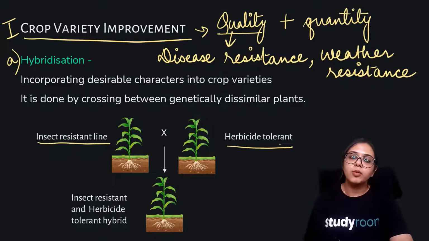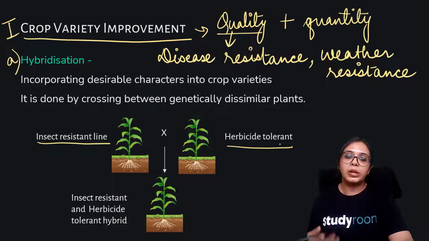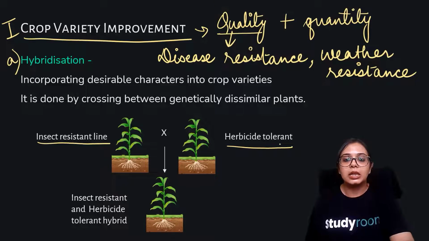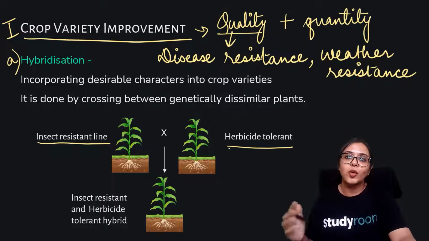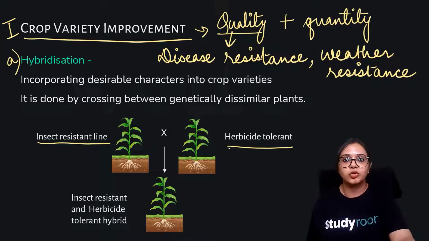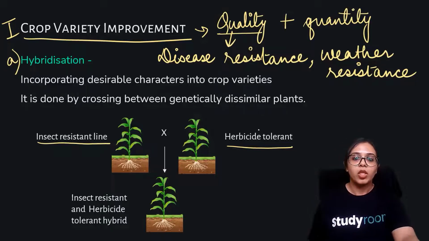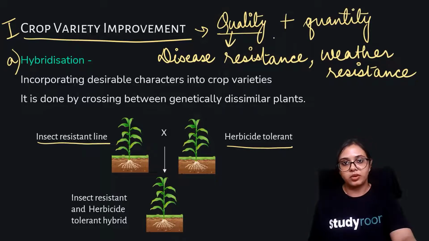So some crops are built so essentially that their integrity allows them to be herbicide tolerant, meaning they withstand the harmful effect of that herbicide that is stripping away the essential nutrients from the soil or the plant. So we have to ensure quality plus quantity, right?